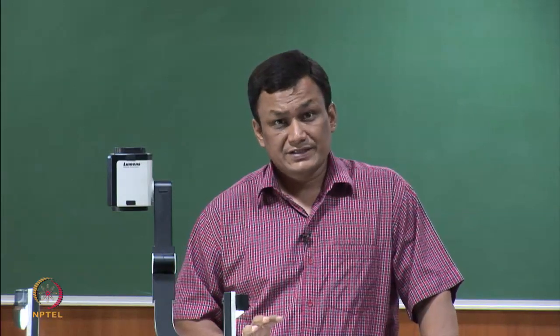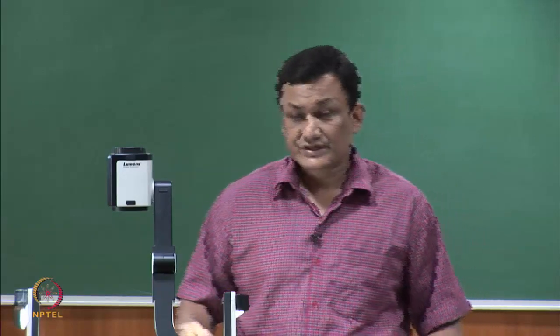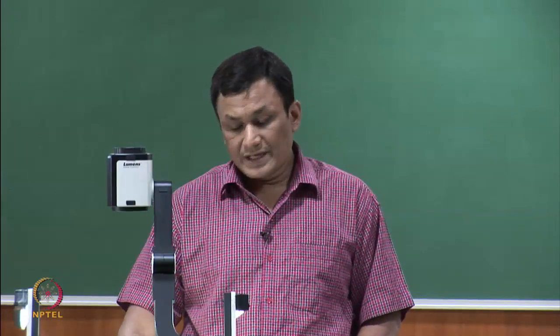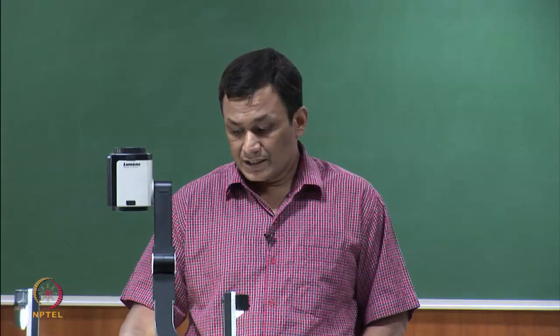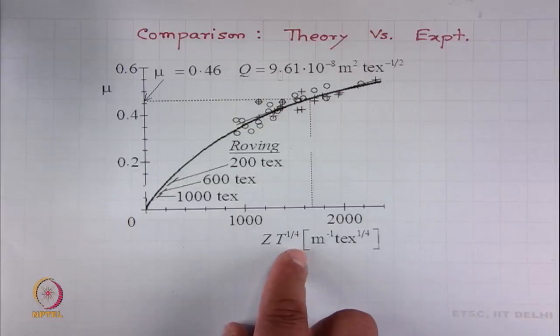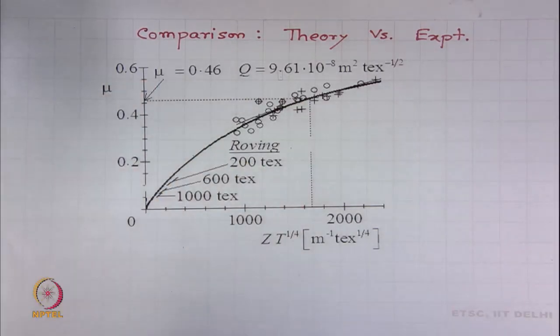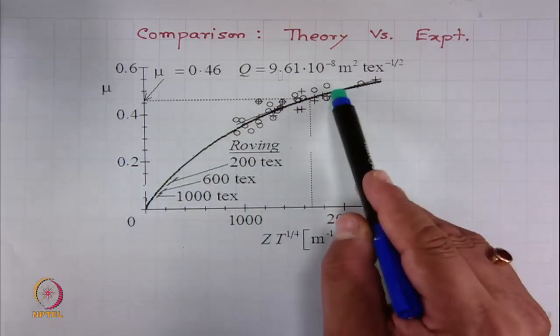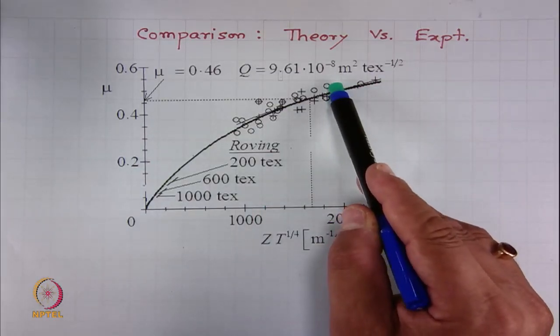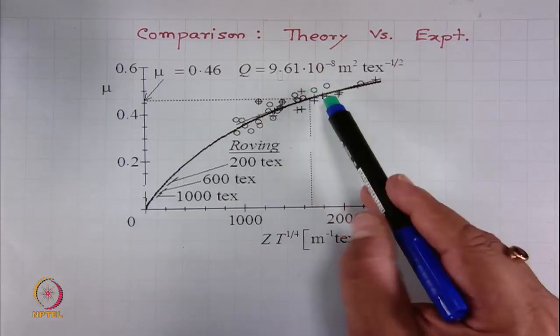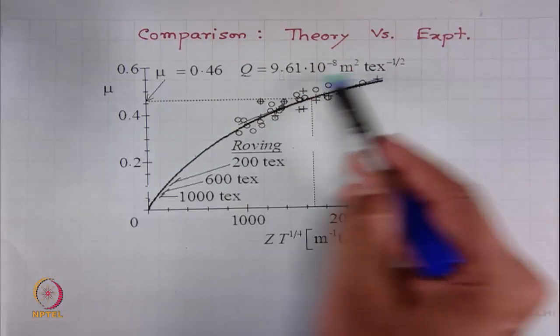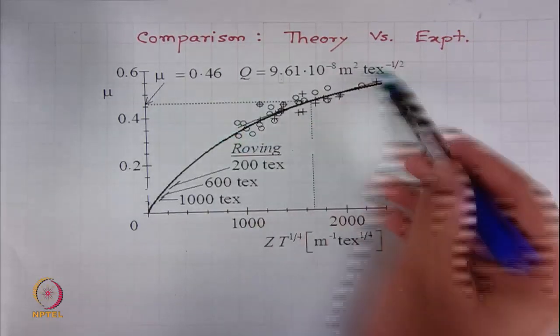Then those experimental results were plotted in a graph. This graph is shown here. Along the x axis, Z t to the power 1 by 4 is plotted. Along the y axis, mu is plotted. So, for different experimentally obtained results, you see hollow circle, positive sign, right. So, all these are experimental results for yarns that were produced.